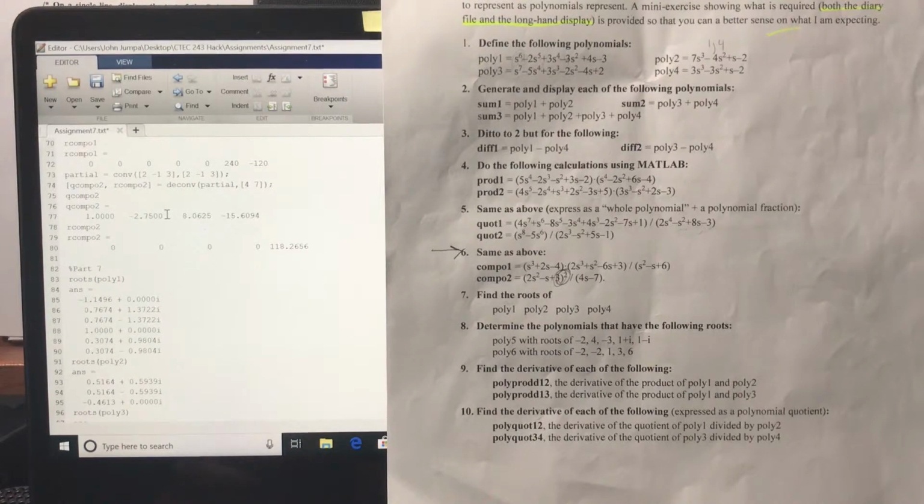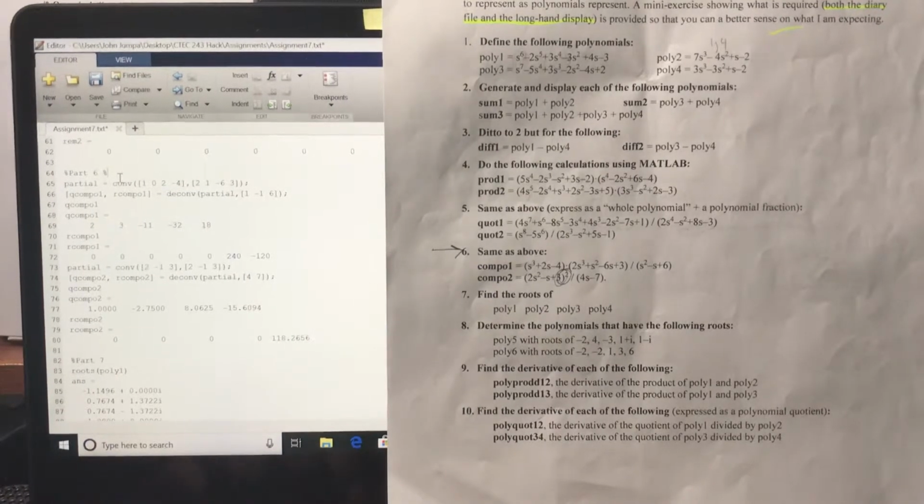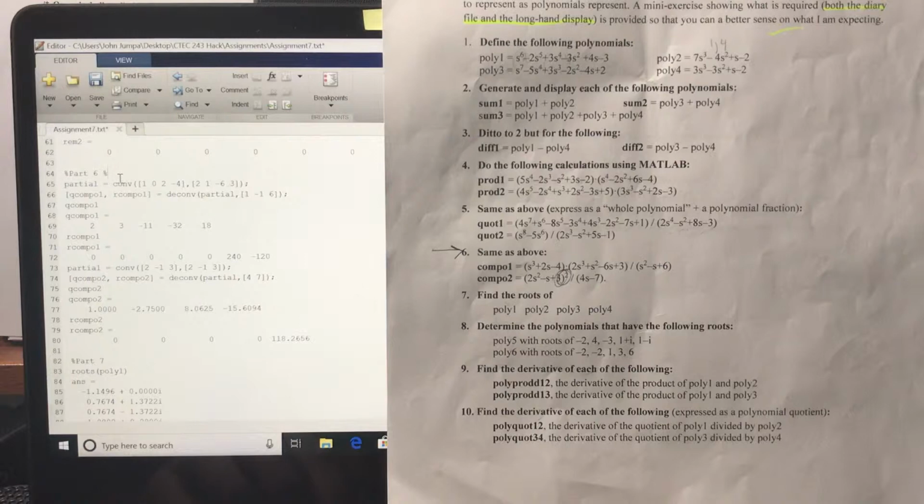And 4 minus 7. There's supposed to be a minus sign right here, so I did make a mistake here as well. Be careful, MATLAB users. It's always the smallest things that can get you an error, a wrong answer, a mistake.